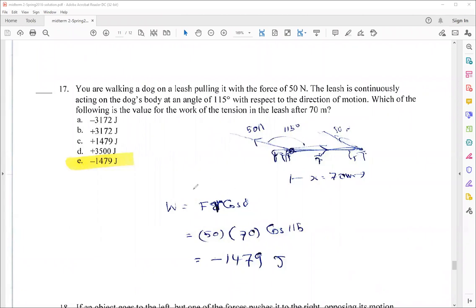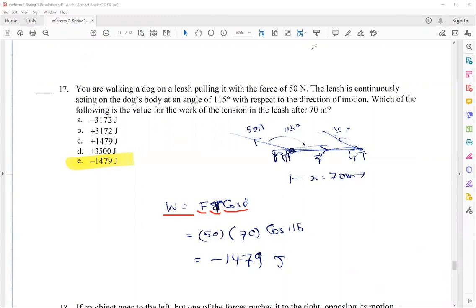And work here, of course, we defined it as being the scalar product between force and displacement, or it's equal to the magnitude of force times the magnitude of displacement multiplied by the cosine of the angle between the two vectors.